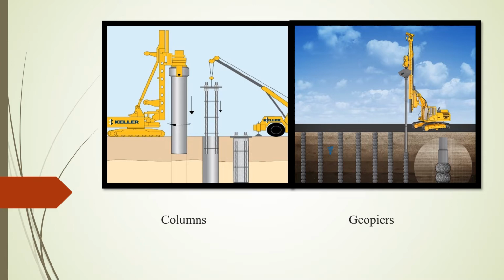And as you see in the picture, we make like bubbles, and that's how we use geopier. This also helps to improve the properties of the soft clay or peat.